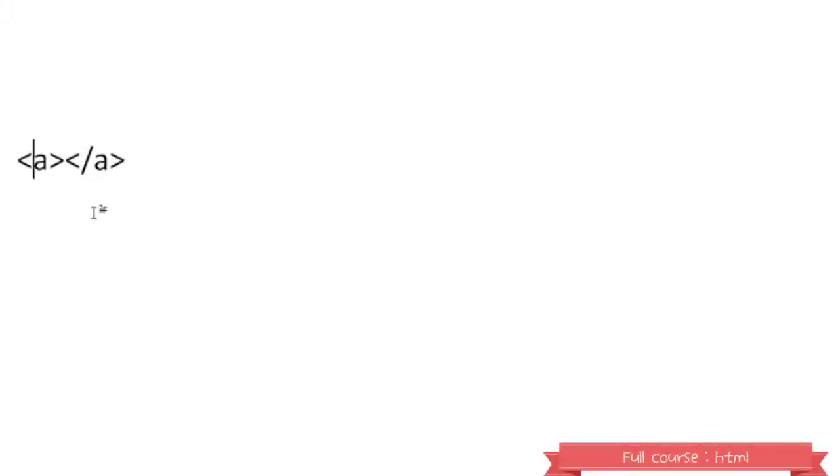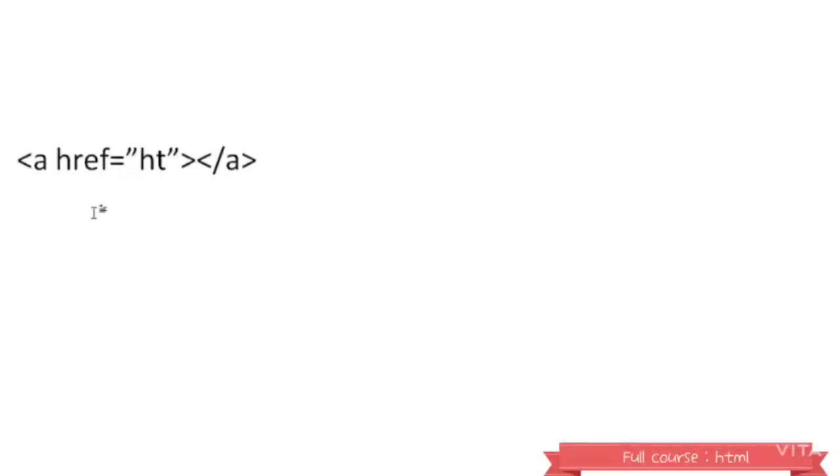So it's generally better to just start with that and /A. After the A, you put href equals quotation, quotation. And within the quotations, you want to put the URL or the hyperlink.